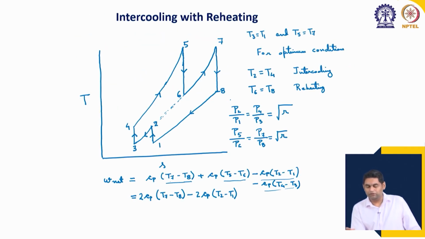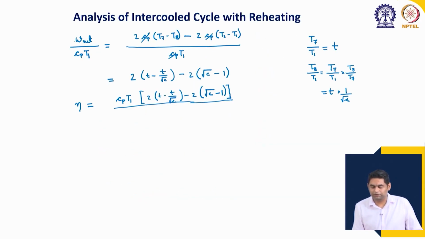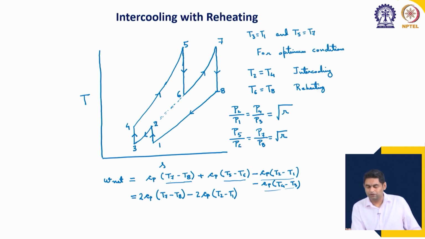What is Q in? So, now we have two heat addition processes, the primary combustion and the secondary combustion, similar to a normal reheat cycle. So, this is Cp T5 minus T4 plus Cp T7 minus T6.